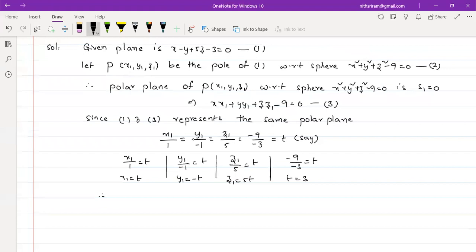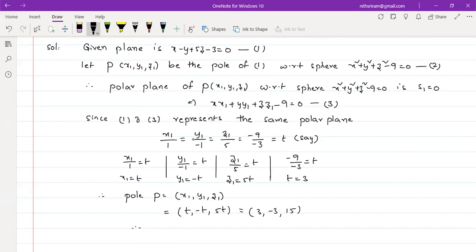So therefore, the pole is x1 comma y1 comma z1. In this we have to write x1 as t comma -t comma 5t. And we substitute the value of t, which is 3, in place of t. So we get 3 comma -3 comma 15, since 5 threes are 15.